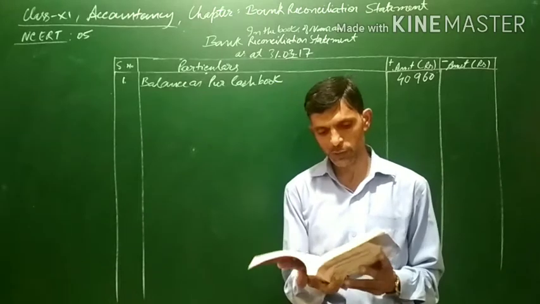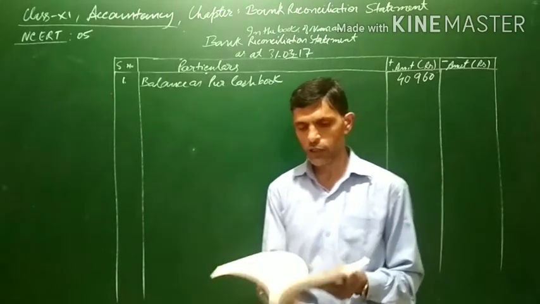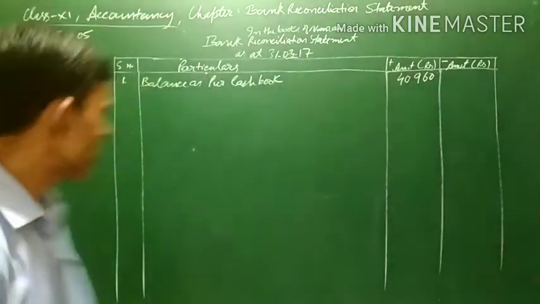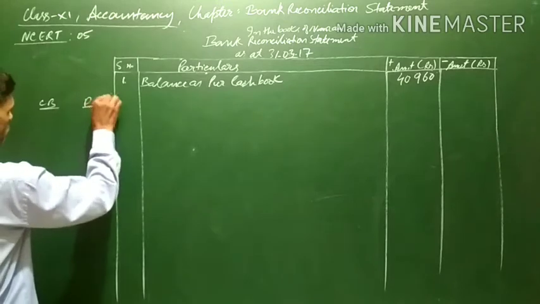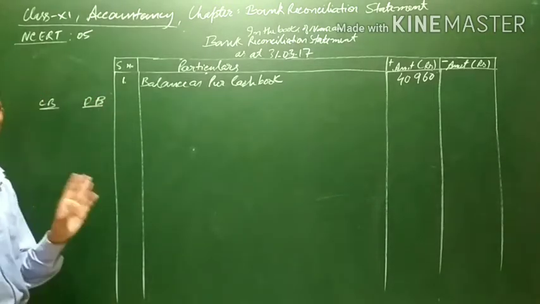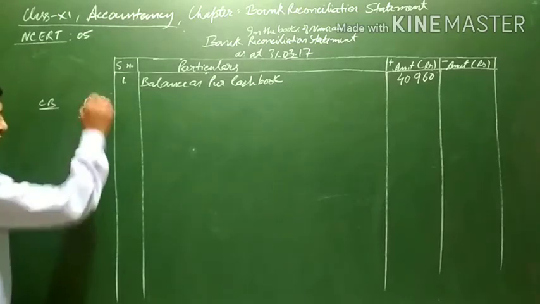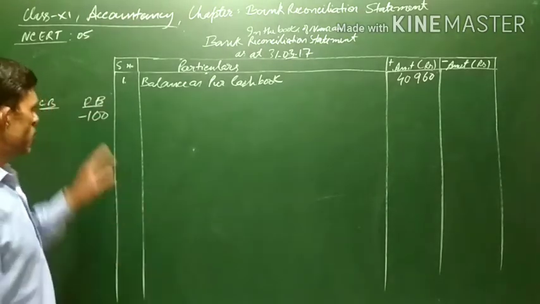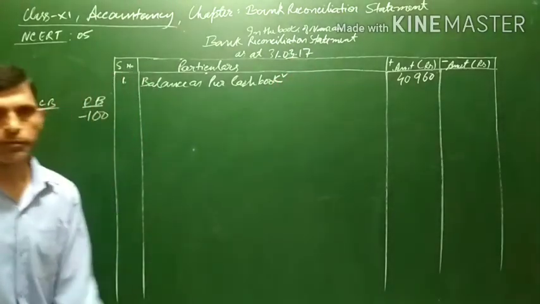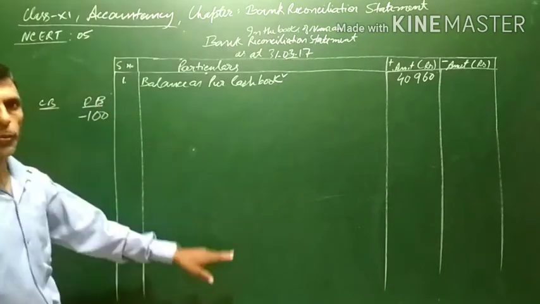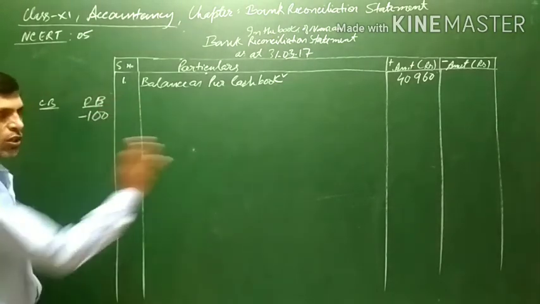Now starting with the first one, bank charges of rupees 100 on 31st March 2017 not entered in cash book. First of all, CB for cash book, PB for passbook. Bank charges have not been entered in the cash book. If bank charges are there, then a deduction is made in the passbook. Moreover, balance as per cash book is given, and we have to find out the balance as per passbook. So whatever has happened in the passbook, we have to record accordingly.